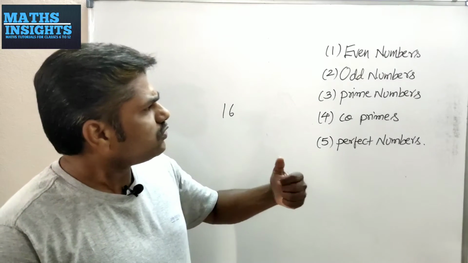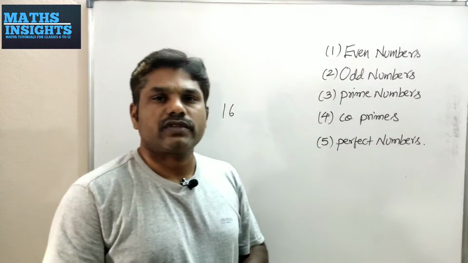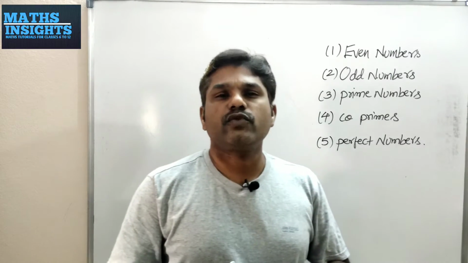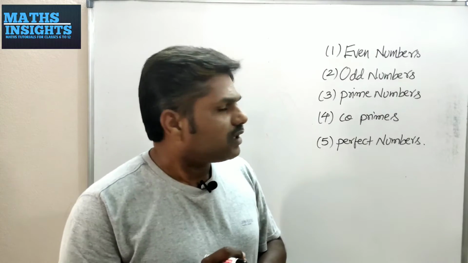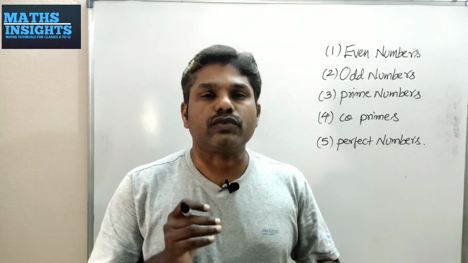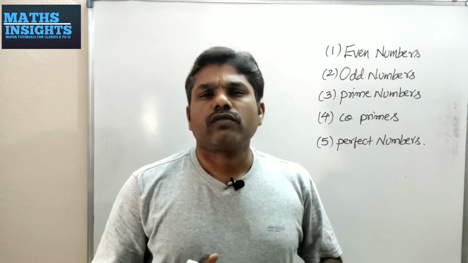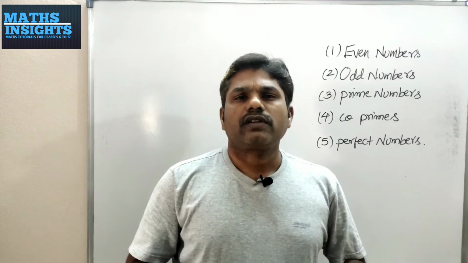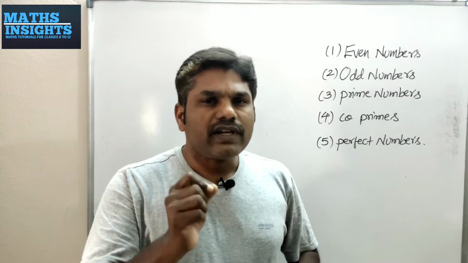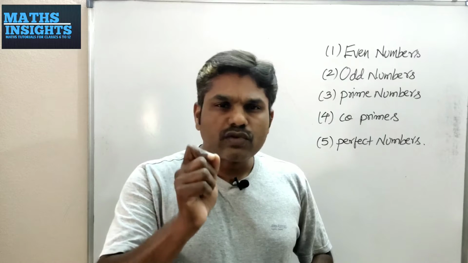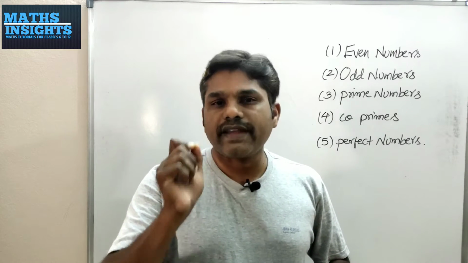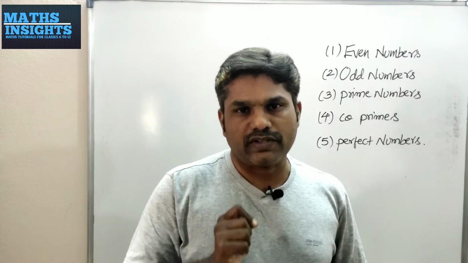And coming to the next one, odd numbers. Any counting number is said to be an odd number if it is not exactly divisible by 2. You know, a number divides with 2 exactly when it has 0, 2, 4, 6 or 8 in its units place.